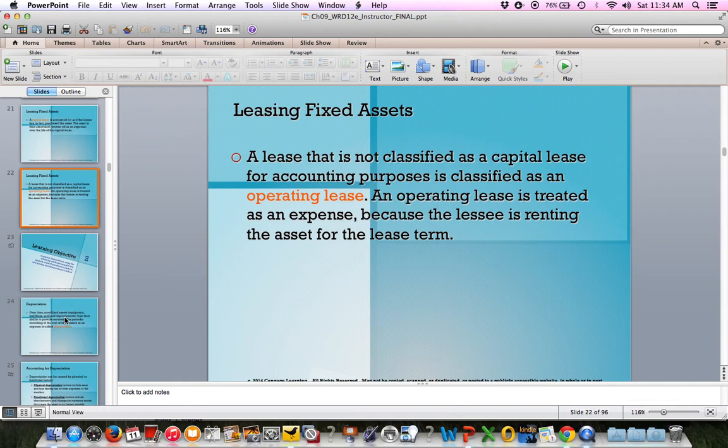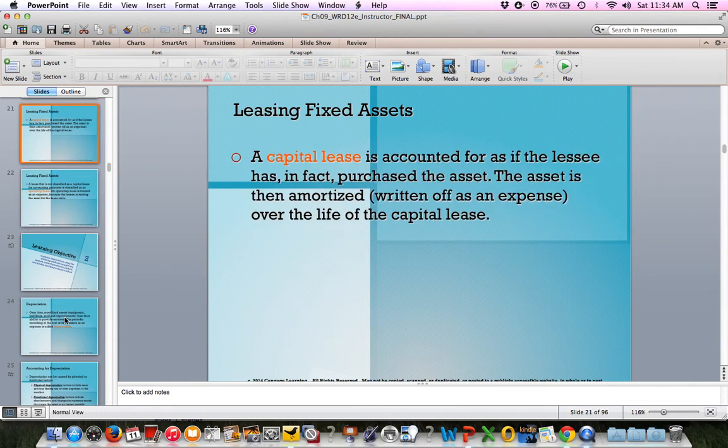Let me just give you an example, and I'll go back to the capital lease first. Let's just say you have a business and you're going to buy a delivery van, and quite often leasing is just a way to finance a long-term asset. Let's say instead of going to the bank and borrowing money and then using that borrowed money to buy the van from the dealer, you go to the dealer first and agree on the van that you want, and they say, we could lease this van to you.